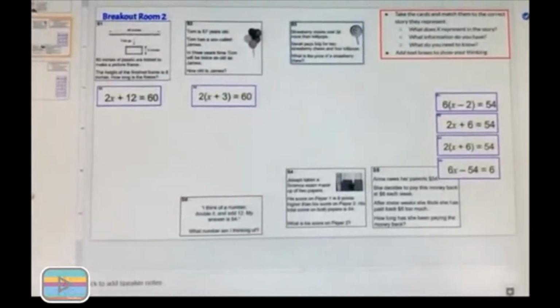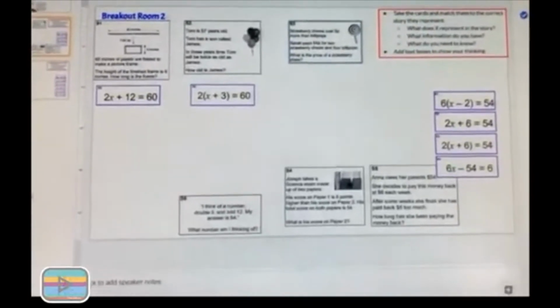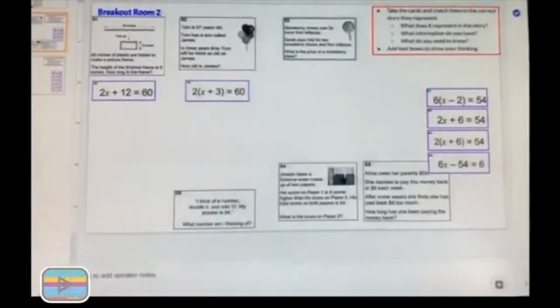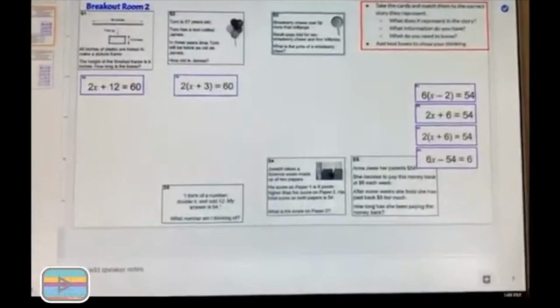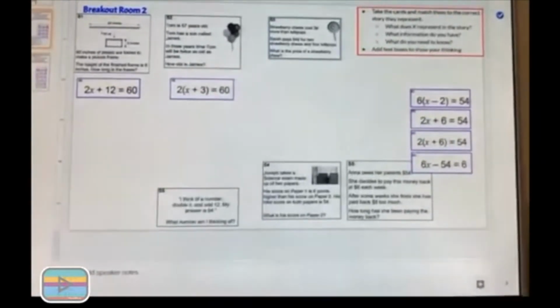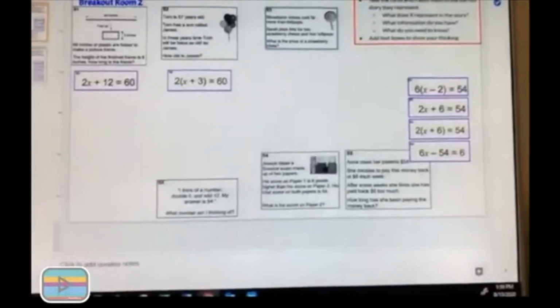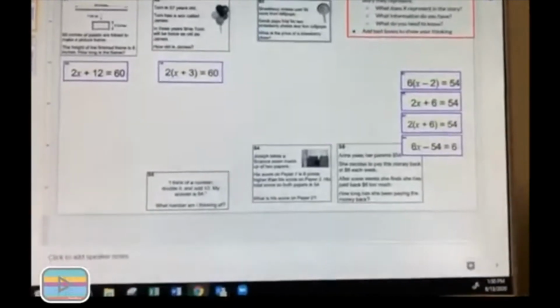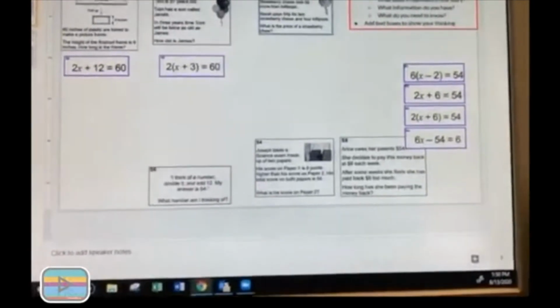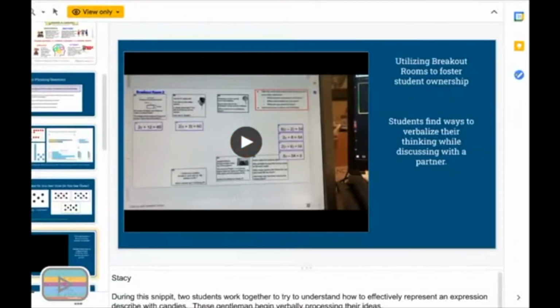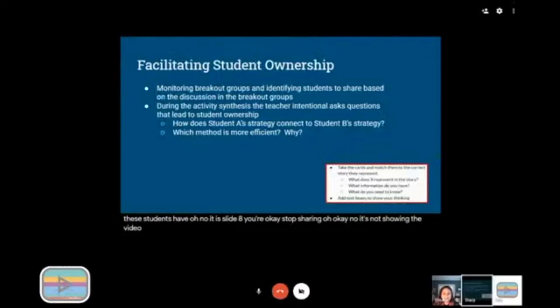So she bought 6, or that'd be the cost of how much she bought, and then 4 lollipops. Would we subtract 6 from 54? There we go. That was good. I love his, oh wait a second. This is a tough one.